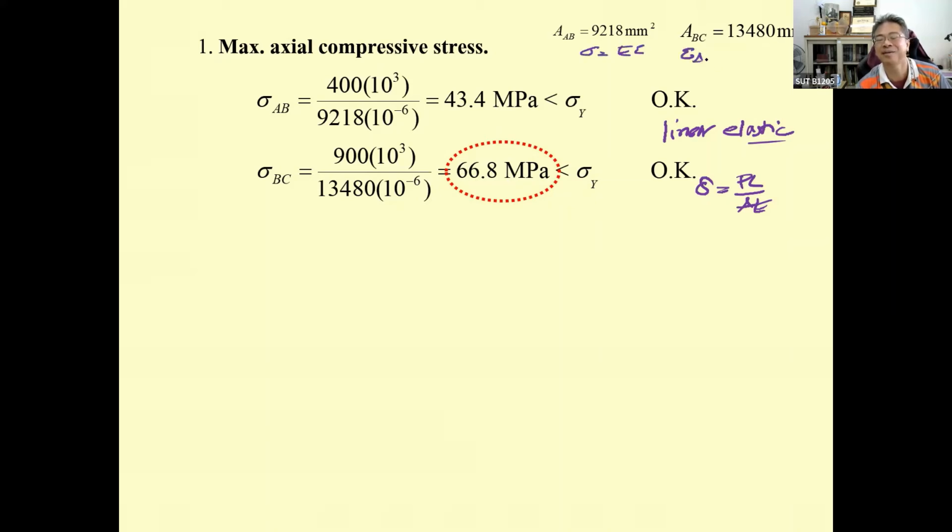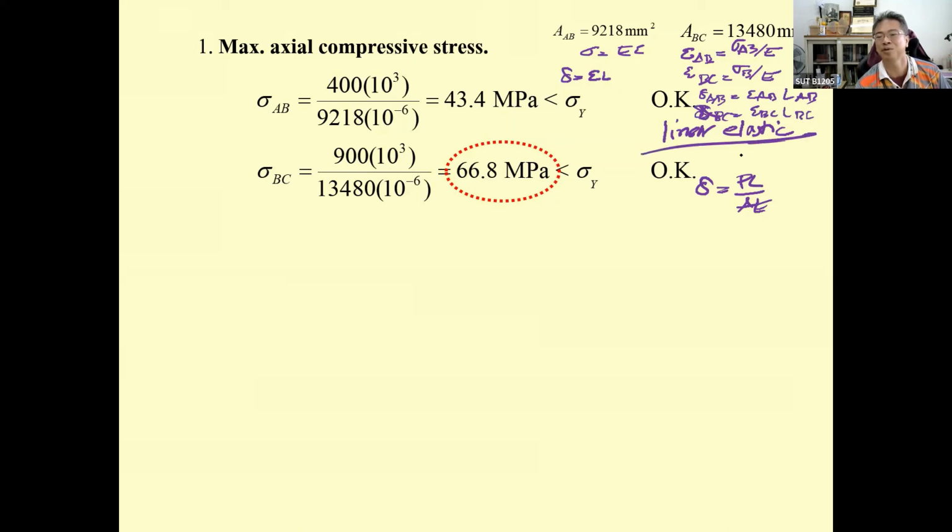So you may determine strain AB equal to stress AB divided by E, or strain BC equal to sigma BC divided by E. And then you have the deformation equal to strain times L. So the deformation of A with respect to B equals strain AB times L AB, and the deformation BC is strain BC times L BC.